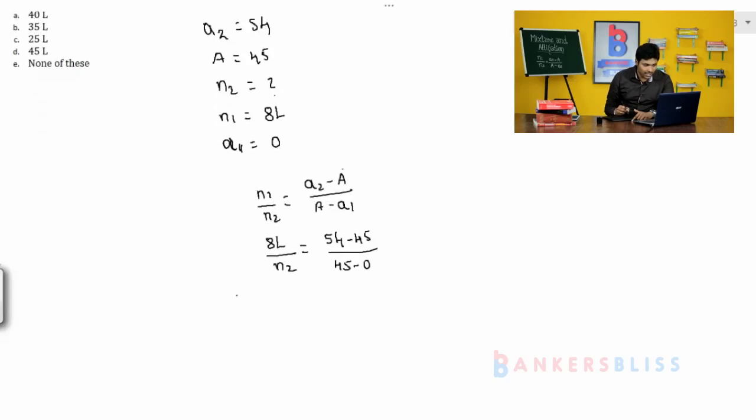So, see here, 8 by N2 is equal to 54 minus 45, that is 9, by 45. So, 9 5s are 45. After simplification N2 is equal to 8 into 5, which is equal to 40. That is what you are going to get. Therefore, 40 liters is the right answer.